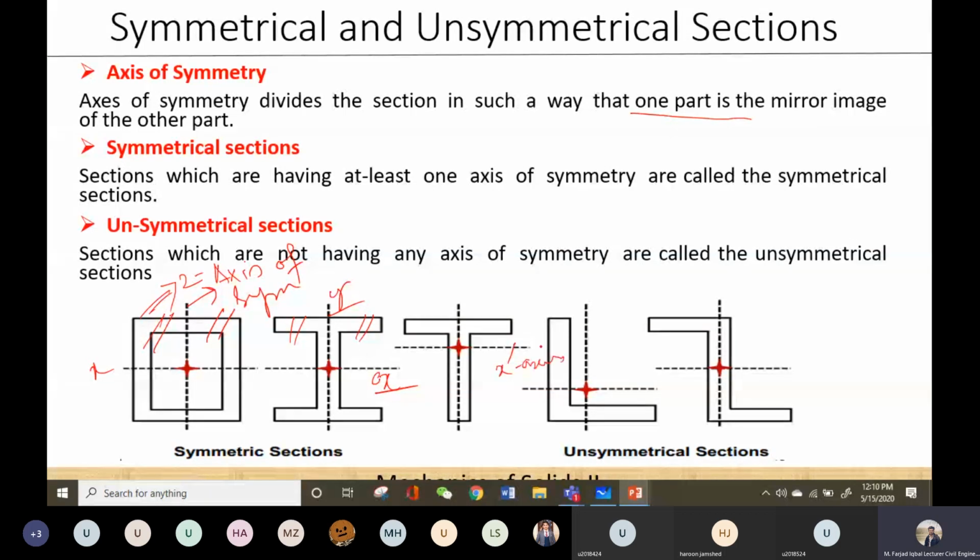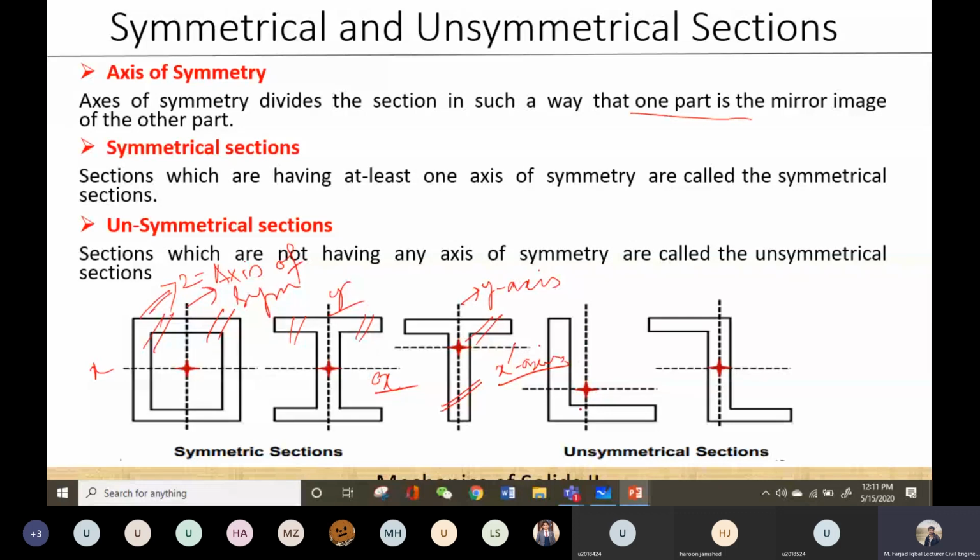Although it divides the T section into two parts, the bottom part is not the mirror image of the upper part. So we cannot say that this x-axis is an axis of symmetry, but this y-axis is an axis of symmetry because it divides the T section into two parts, and the left part is the mirror image of the right part. Okay, so this is how you define axis of symmetry.